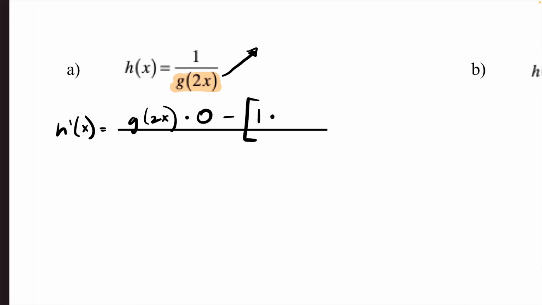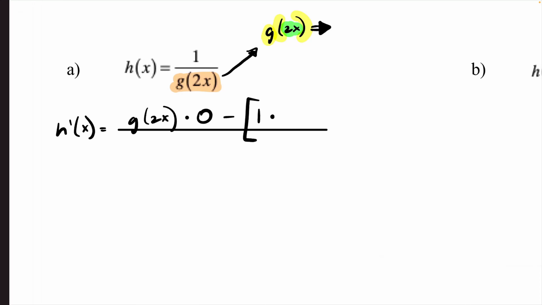The chain rule, yeah. This guy has got an inside and it's got an outside. The outside is g. The inside is 2x. So to find the derivative, I shouldn't say equal, I should say arrow. We have to find the derivative of the yellow.